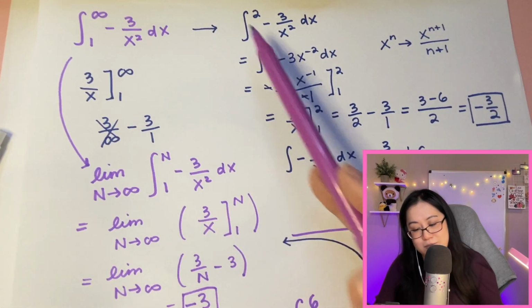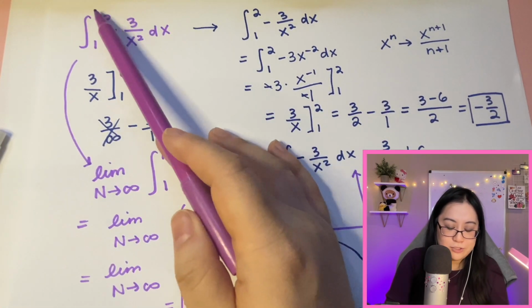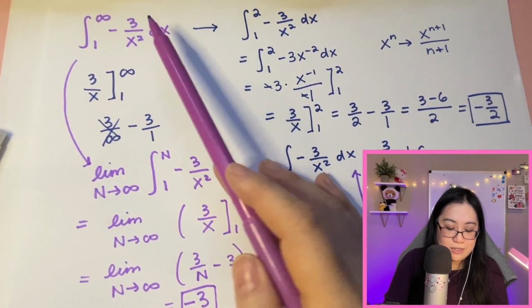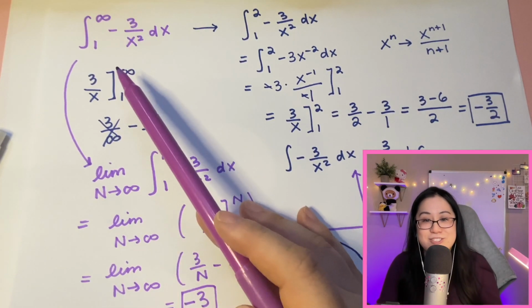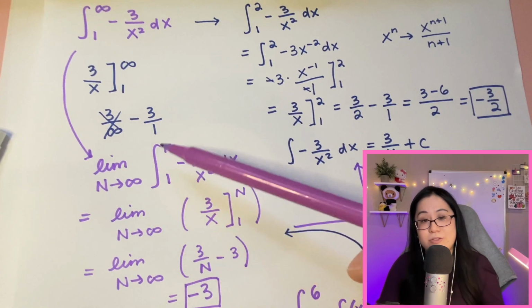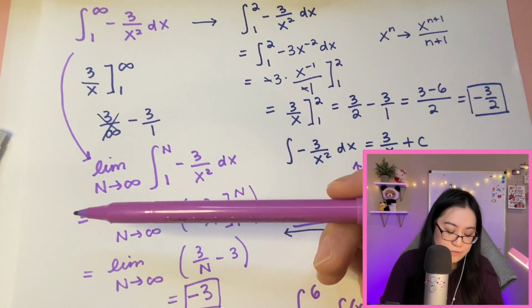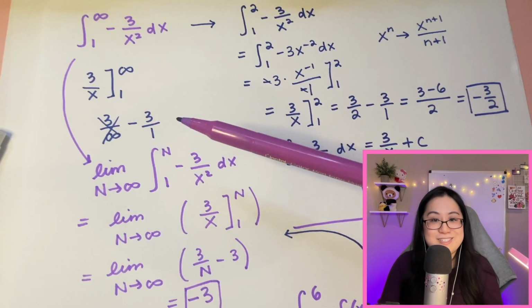I just want you to be able to start considering this idea of, instead of just directly plugging in infinity, which you can't do as a number, you instead take a limit as the other variable, the upper bound or the lower bound, approaches infinity or negative infinity, or splitting it up into two.